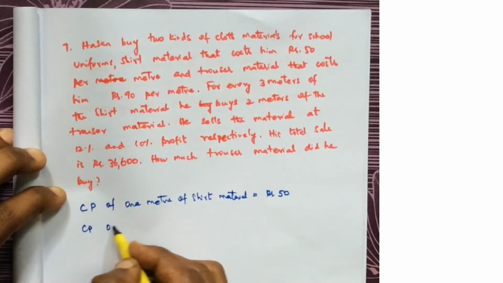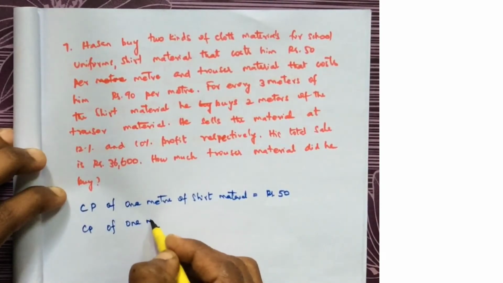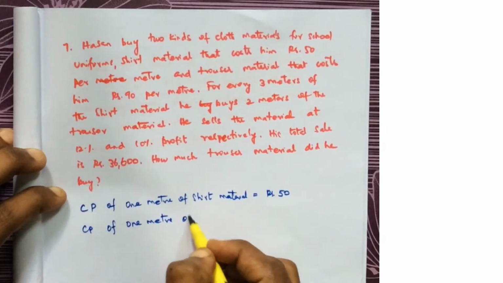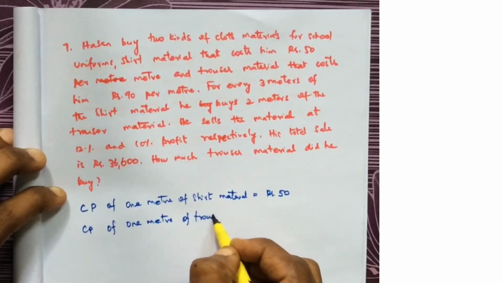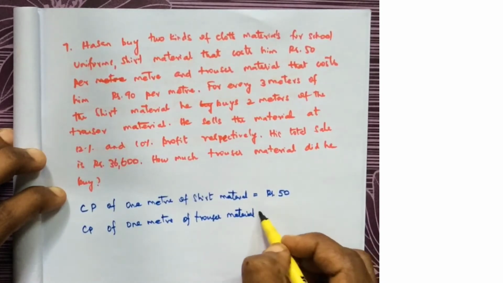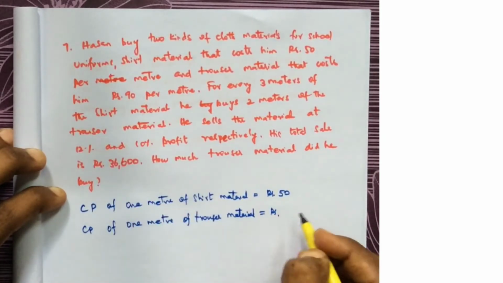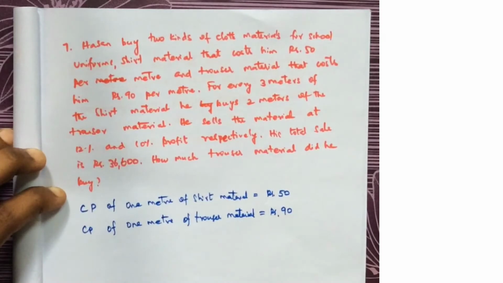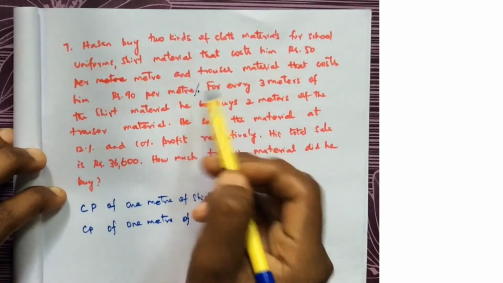Now cost price of 1 meter of trouser material, that is rupees 90. Okay, so up to this we have solved.